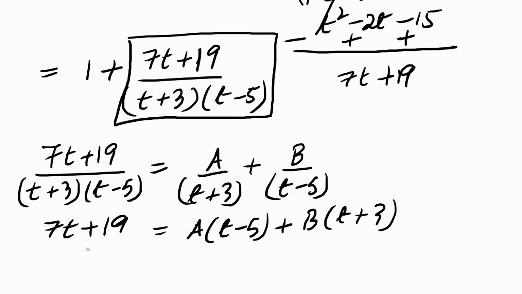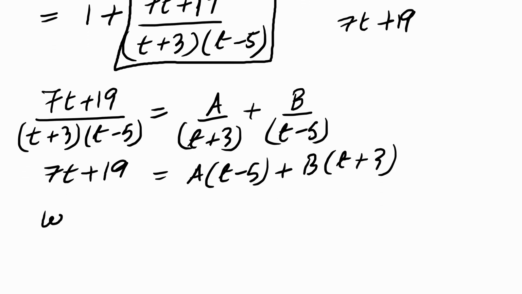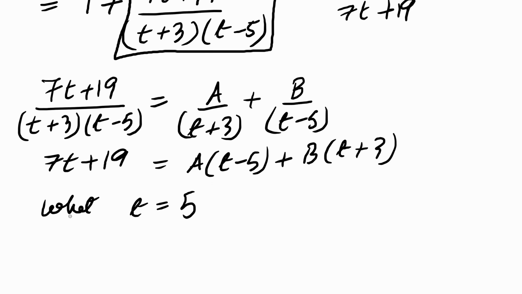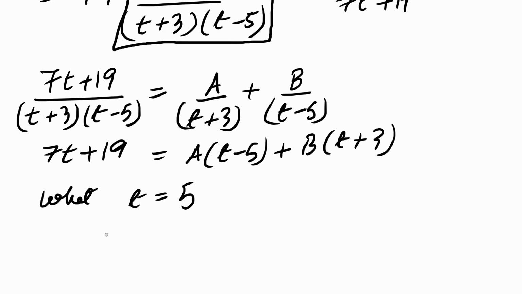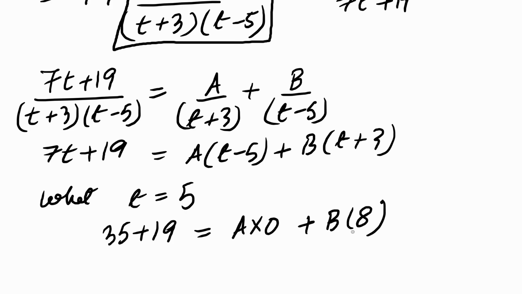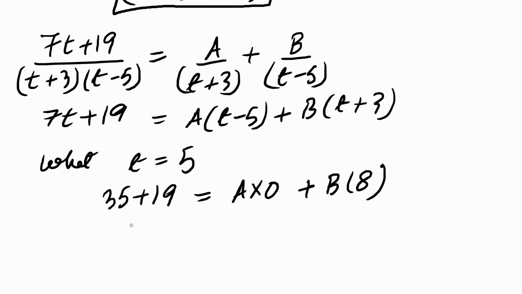When t is equal to 5 I will put, so what will I get? 7 into 5 is 35 plus 19 is equal to A into 0 plus B into 5 plus 3, which is 8.